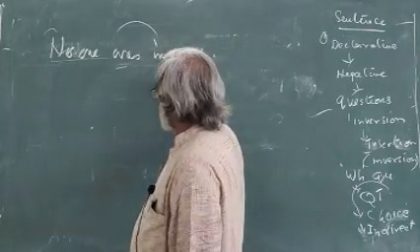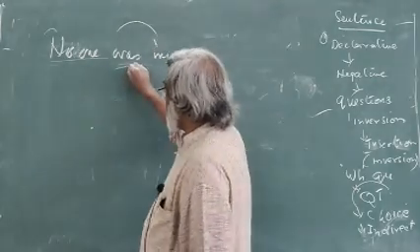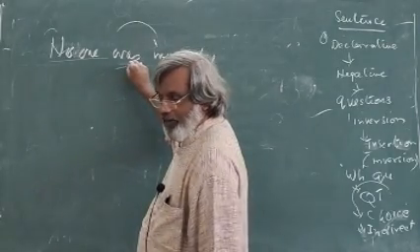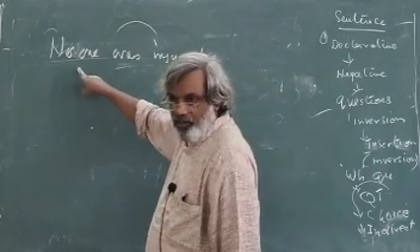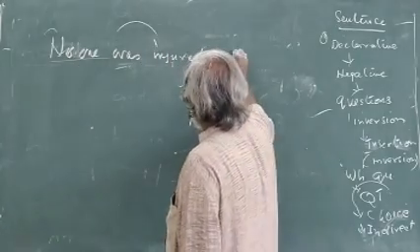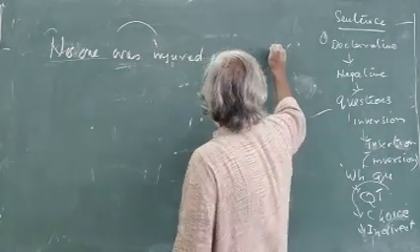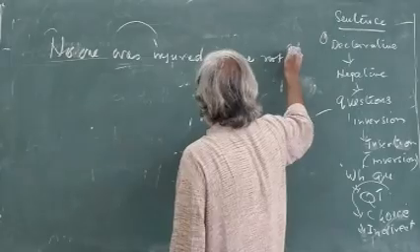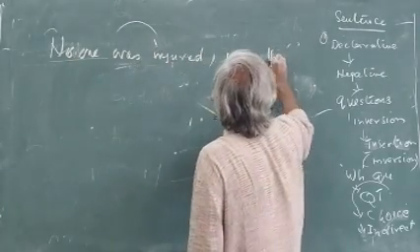No one was injured. What will be the answer? We cannot easily take was here. Why? No one is considered to be plural. So correspondingly, it will be were plus no one, so were they.